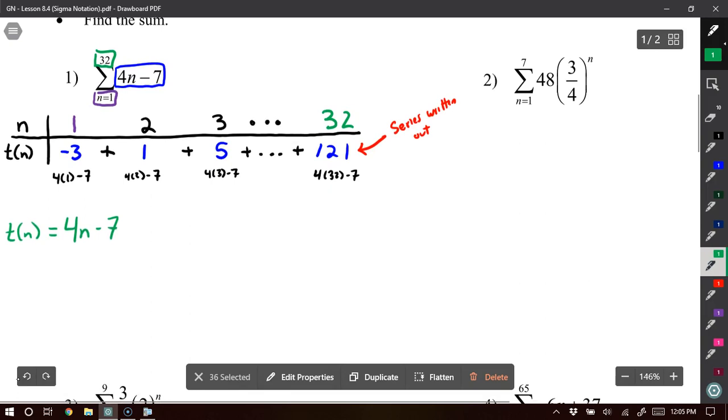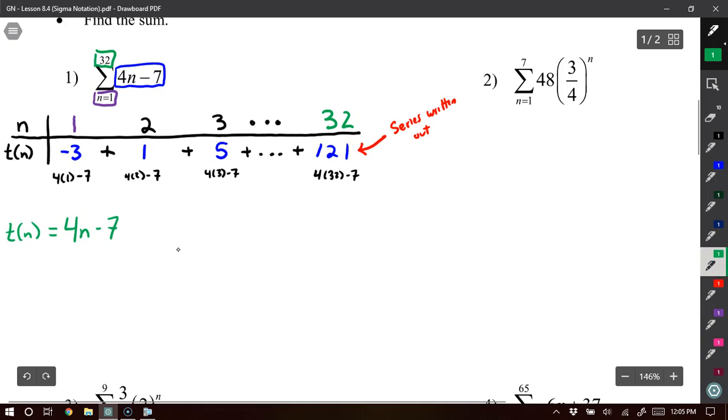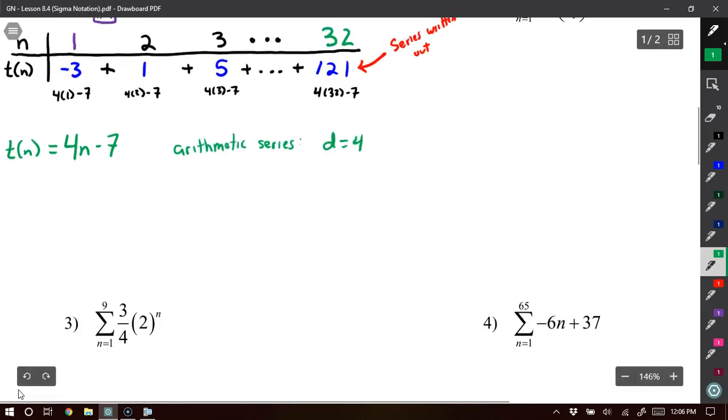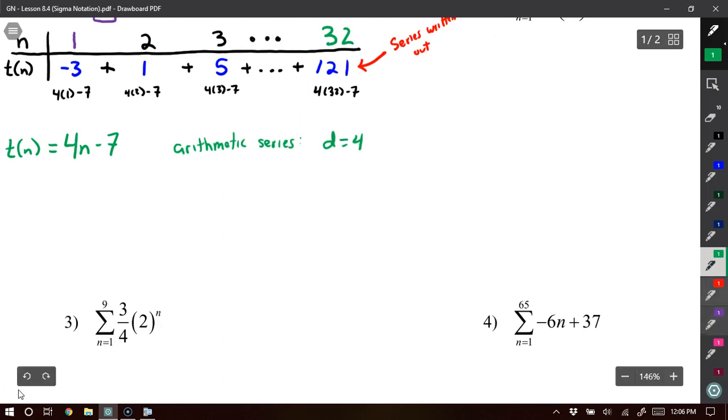And so what that allows me to do is actually answer the question. This is a slope-intercept form, so it's going to be an arithmetic series. And if I look at that slope-intercept form, I can see my common difference is 4. And look up above. I have 4 being added in between each one. So now I can find the actual sum.